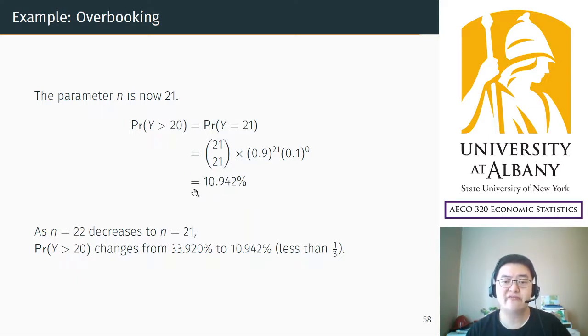And what's interesting here is that as you decrease the number of reservations, the number of trials, from 22 to 21, you decrease it by only 1. It's less than 5%. But the probability of the problem changes to less than 1/3. It was about 34%, but now it's only about 11%. So again, a binomial distribution is not that intuitive.